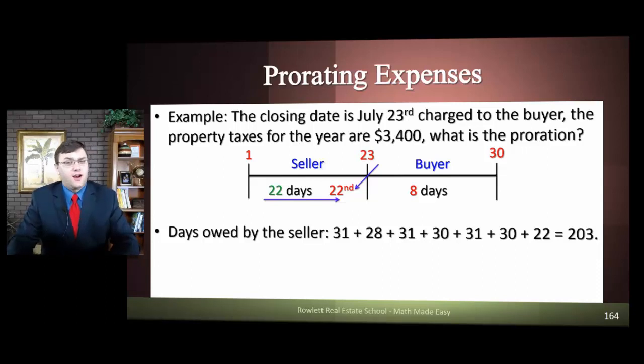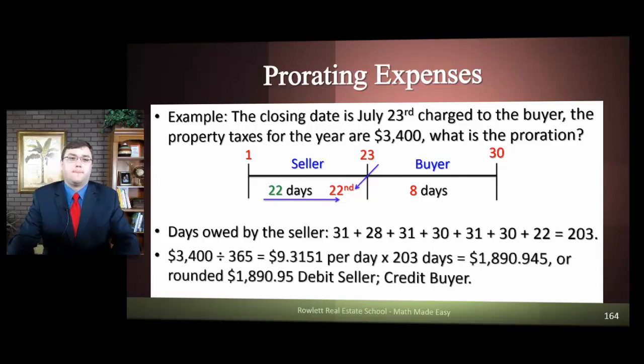And then inside July, we're only going to count using our timeline here, the 1st through the 22nd, which is 22 days. And then you add all of them up to find out how many days the seller owned the property that year, which is 203. Now, we take the property taxes that are $3,400, divide it by how many days are in a year, 365, to find out how much it cost per day the whole year for property taxes.